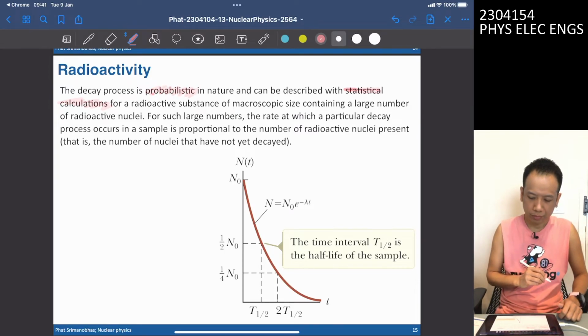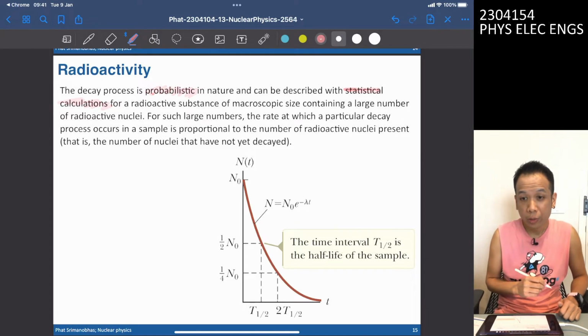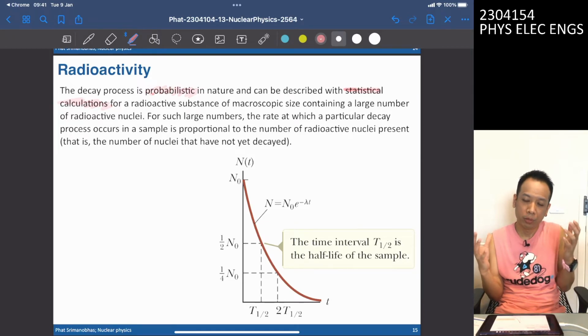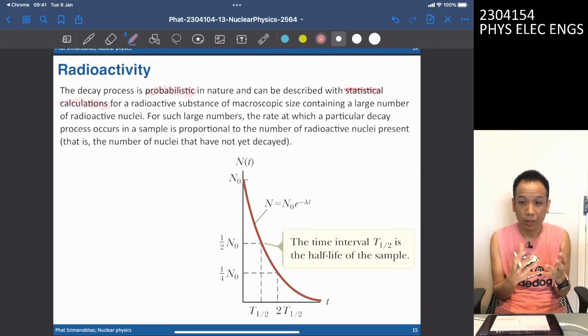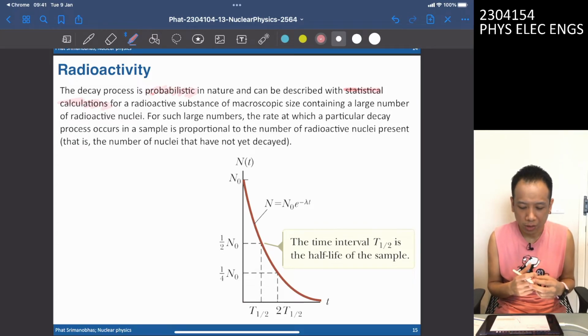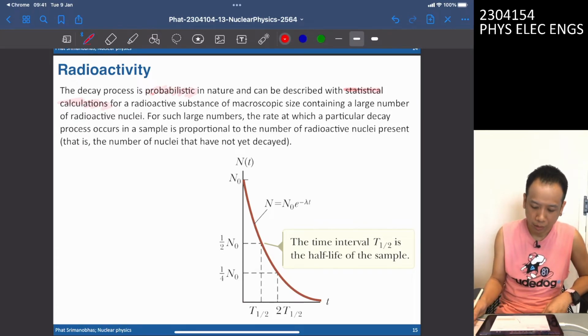So what you can do is put in the amount of the radioactive material, and then study how it decays, how it's remaining. That is what we can do in the calculations.